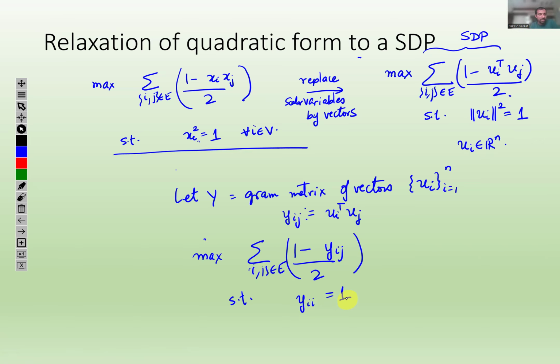But if you remember the definition of positive semidefiniteness, that is equivalent to saying that Y is positive semidefinite. Right? So this is the semidefinite programming for MaxCut.